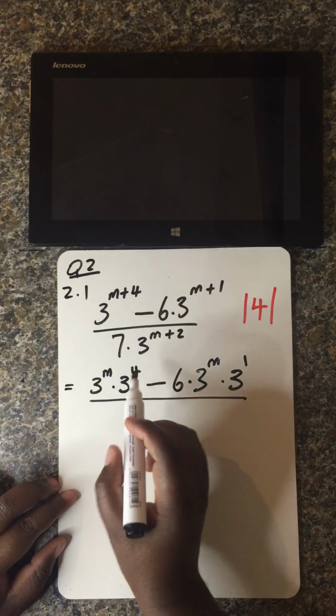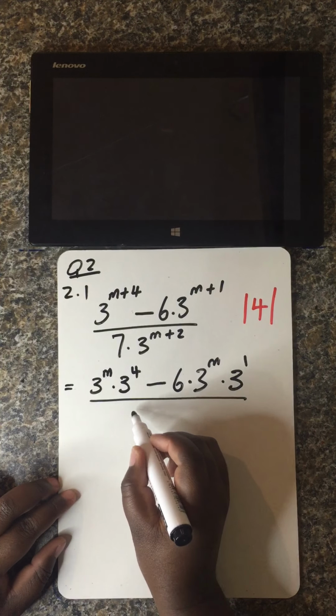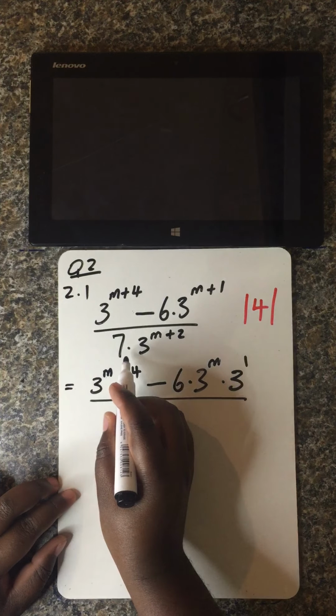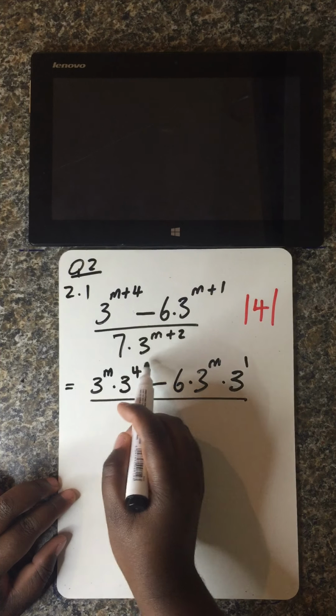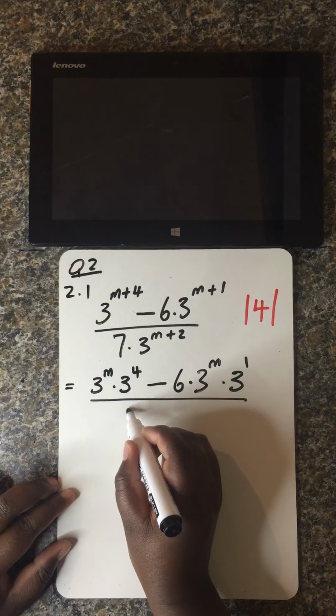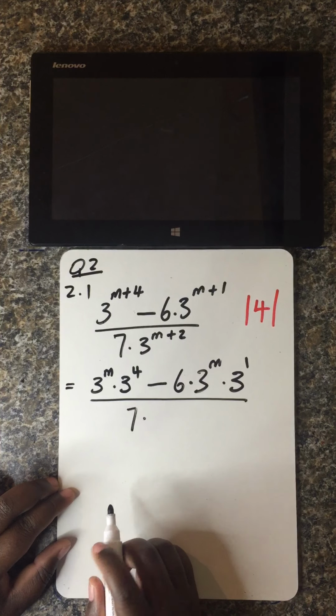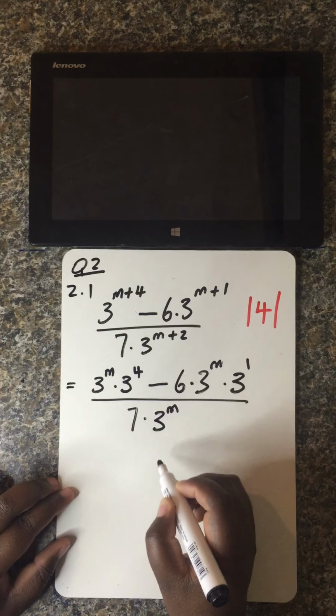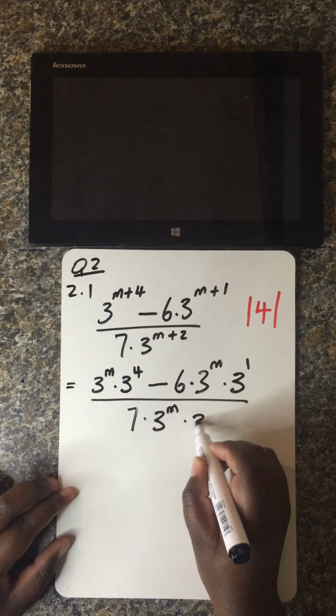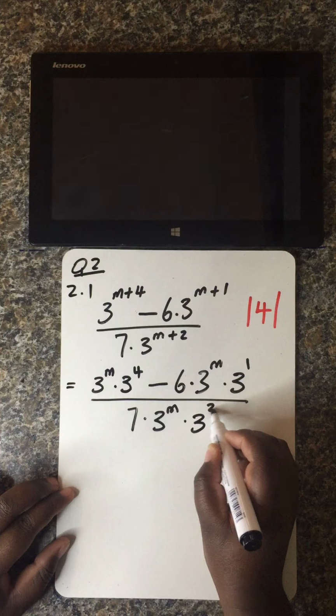So now we've got just one term there. Why? Because we haven't got any positive or negative sign in between, so the whole of this is just one term. We've got 7 multiplied by 3 to the exponent m multiplied by 3 to the exponent 2.